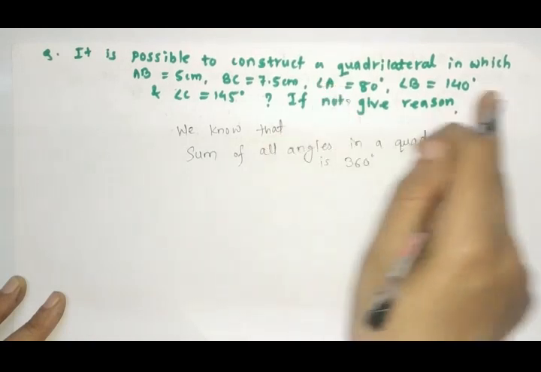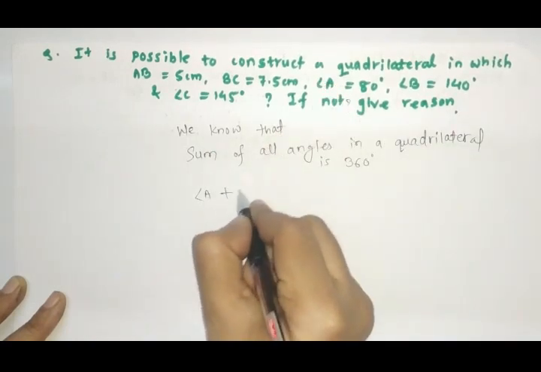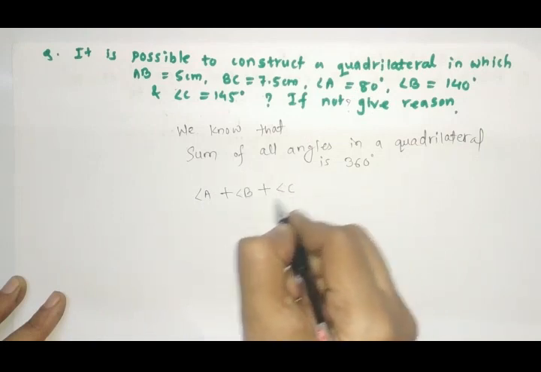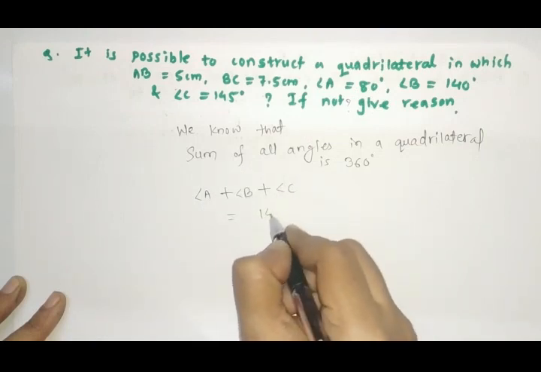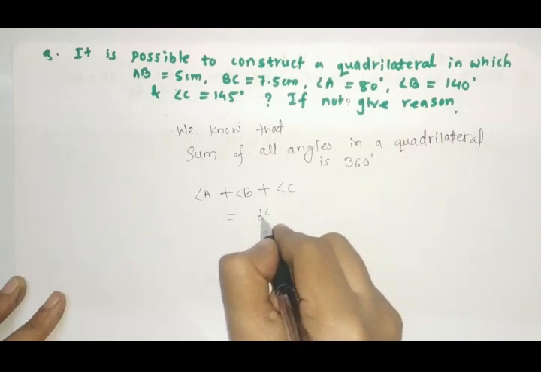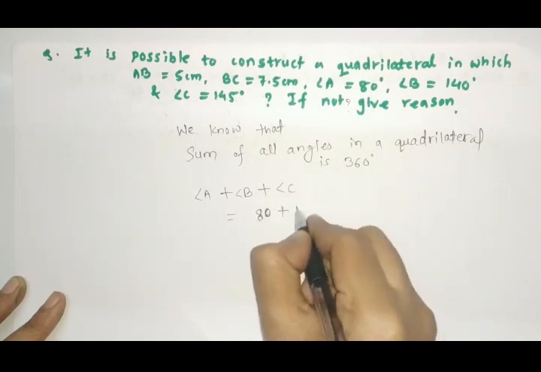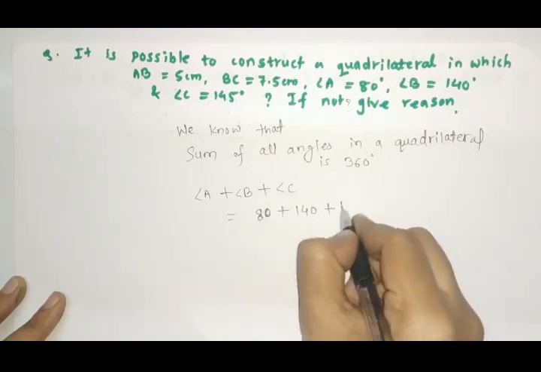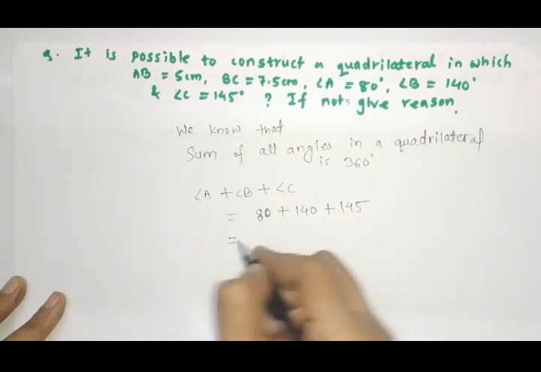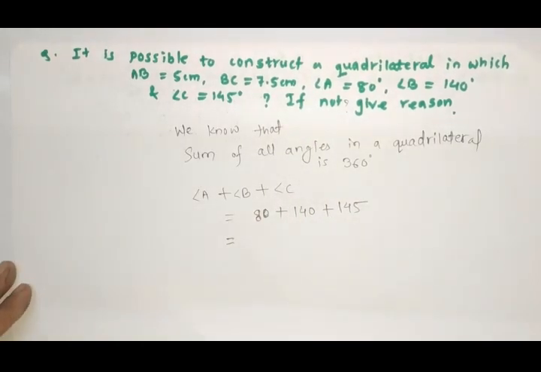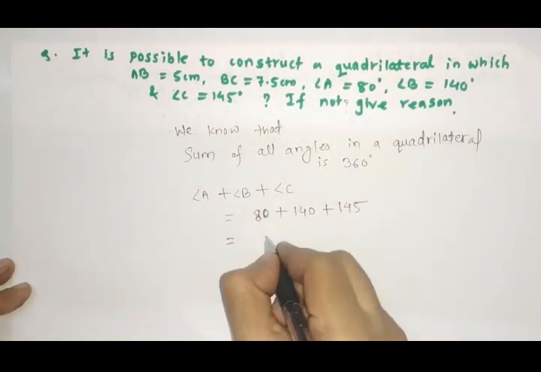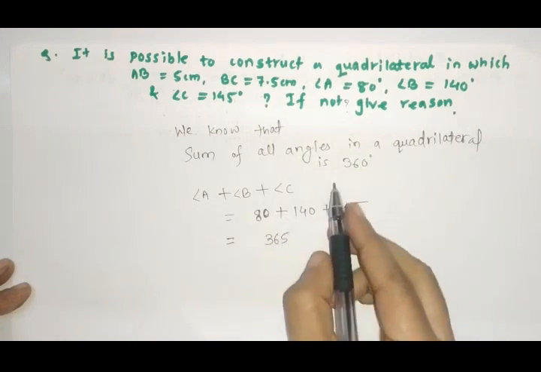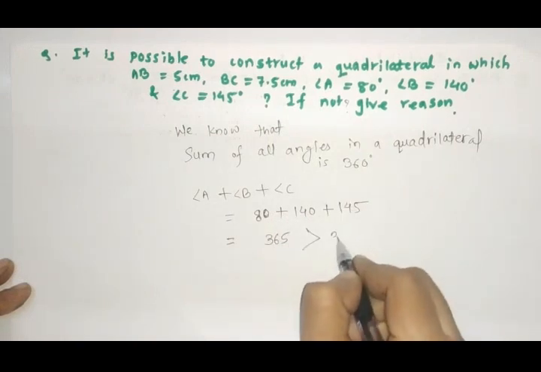Here 3 angles are given, angle A plus angle B plus angle C. First of all, we'll write A 80 plus B 140 plus 145. So if we add this, it is coming 365 degree, which is greater than 360.